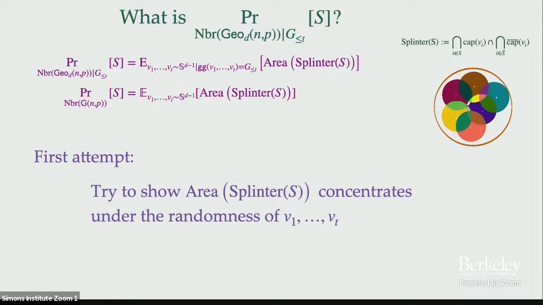We try to make life easier for ourselves by removing this conditioning, instead of looking at this conditional expectation, and trying to show that the probability of S concentrates around this expectation with the condition removed. So we just randomly sample V1 through Vt, and don't care about what graph it generates.